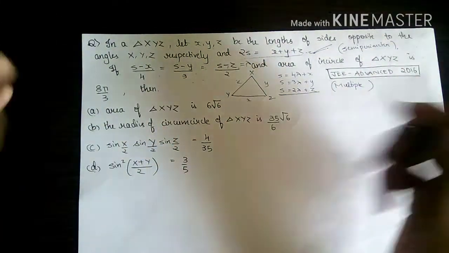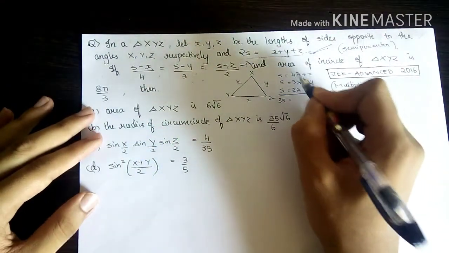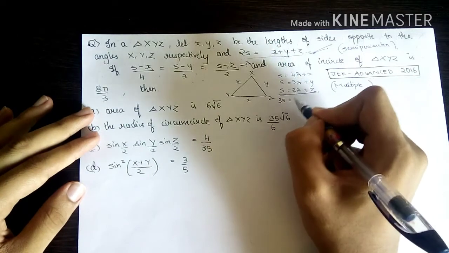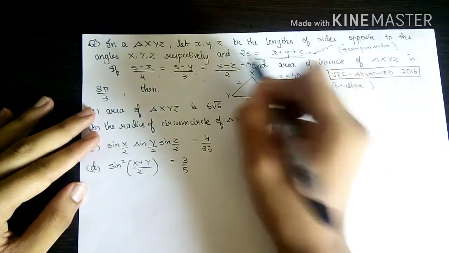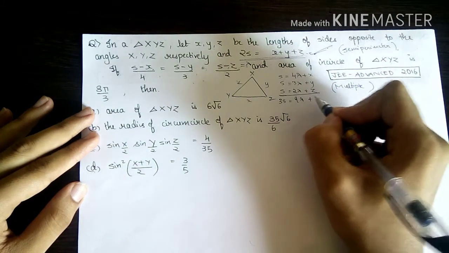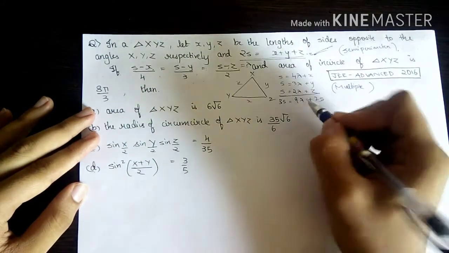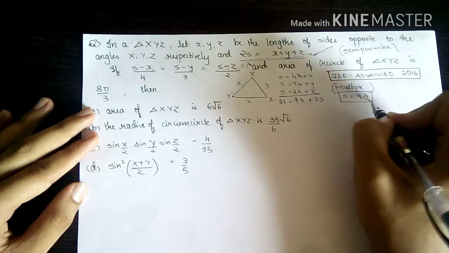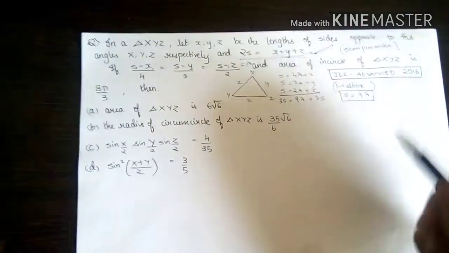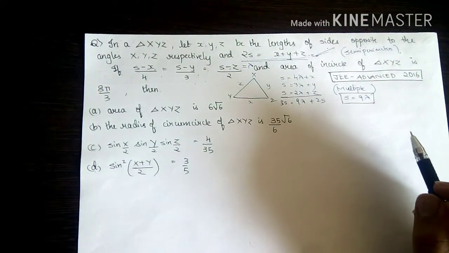So 3s is equal to 4 plus 3 is 7, plus 2 is 9 lambda, plus x plus y plus z. What was that equal to? 2s, twice the semi-perimeter. So if I send 2s to this side, I get s equal to 9 lambda. So I got one relation between s and lambda.